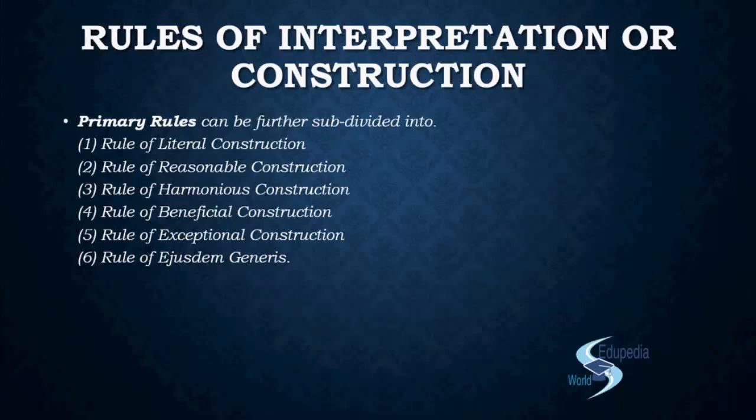That is the rule of Ejusdem Generis, and we'll see it when we study it in detail. So the 6 rules that we have are literal construction, reasonable construction, harmonious construction, beneficial construction, exceptional construction, and the last one is Ejusdem Generis.